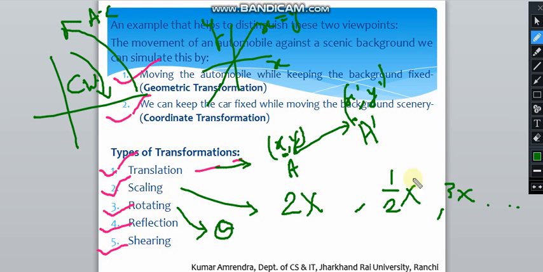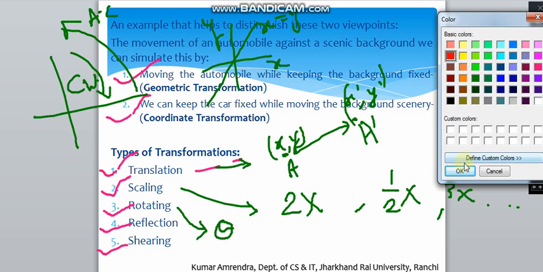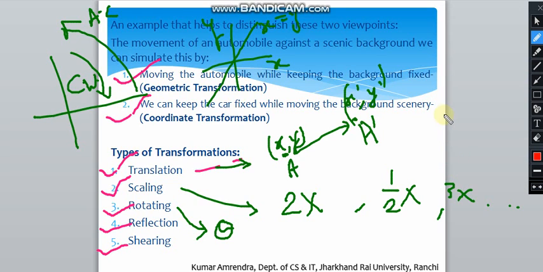And the last one is shearing. So what is shearing? Shearing means shifting. That means by keeping one face fixed, we apply some force so that the next face gets moved. We can see that this is a square and we are fixing this face, and we are giving force in this direction.